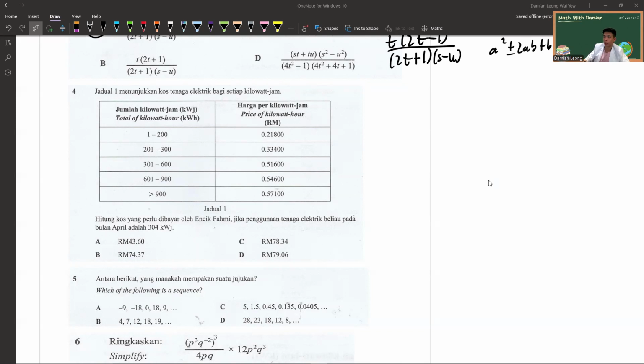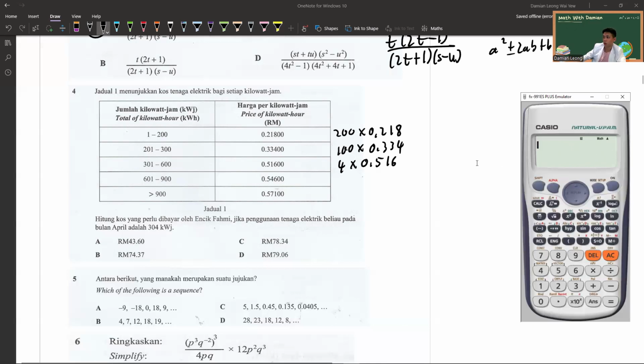So 304 kilowatt hours means for the first block of charges, it is 200 kilowatt hours multiplied by 0.218. Second block from 201 to 300, so 100 kilowatt hours times 0.334. And third block, I have 4 kilowatt hours times 0.516. So I add all 3 blocks of charges together.